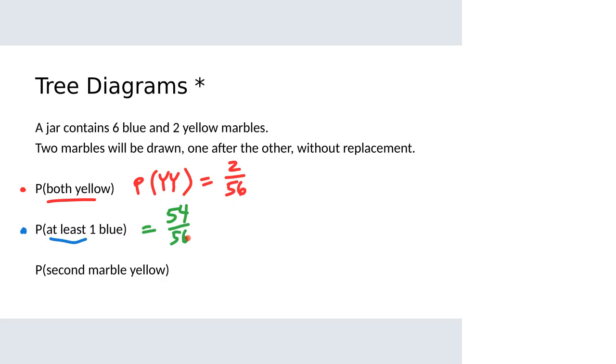And the one at the bottom says, what's the probability that the second marble is yellow? And this is the one I'm going to set up a poll for. Probability that the second marble is yellow.